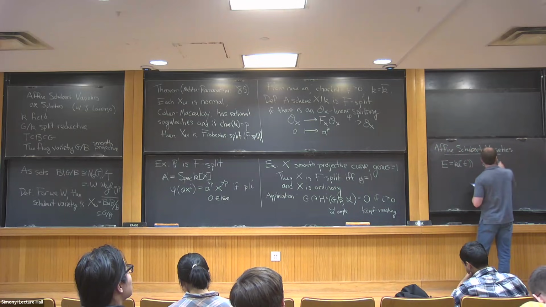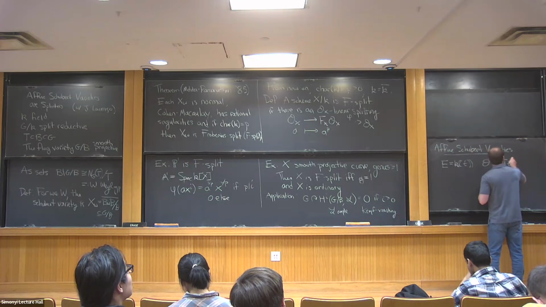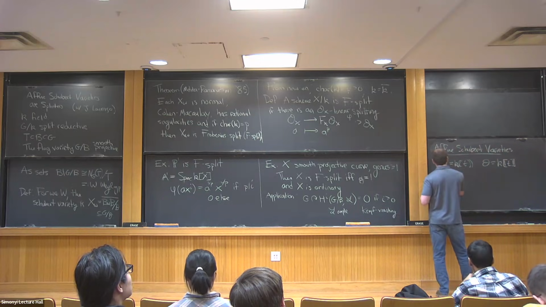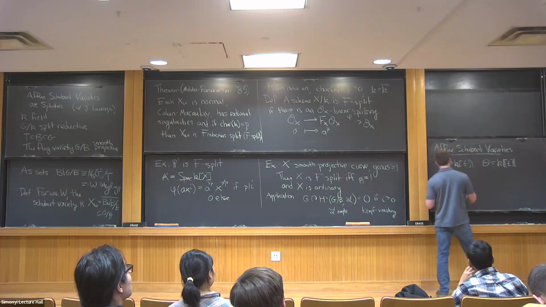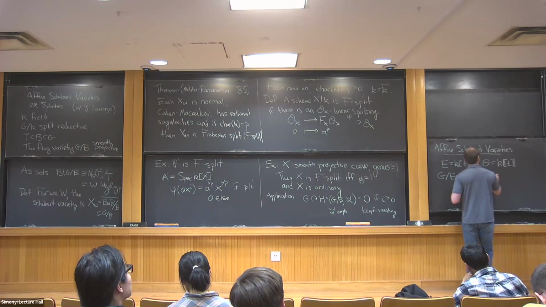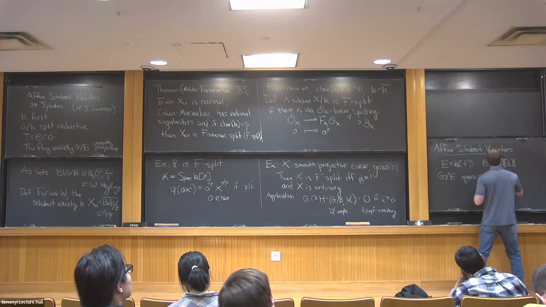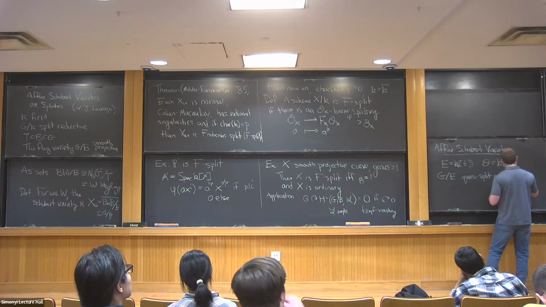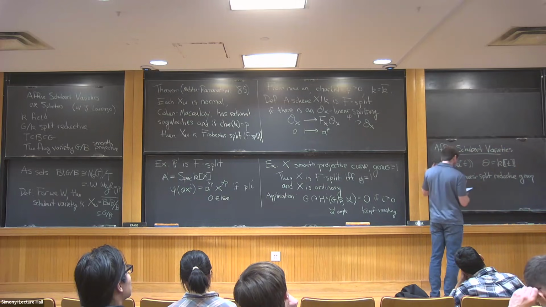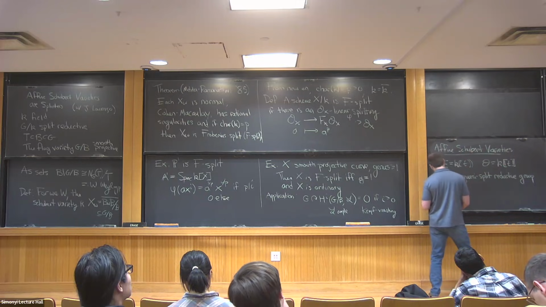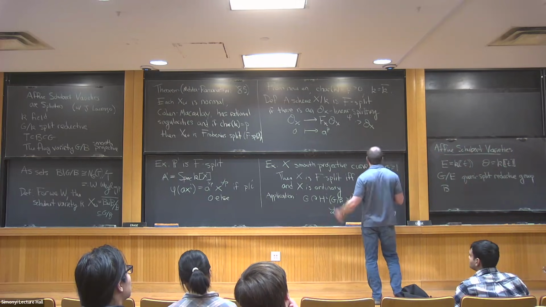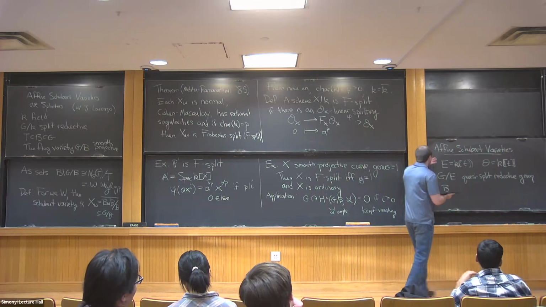O will be the ring of integers, which is power series in that variable T. And I'm going to take now a quasi-split reductive group over E. In particular, it has a Borel, and I can also talk about parahoric models. I'm going to use the same notation because somehow the combinatorics is basically the same in the affine case.